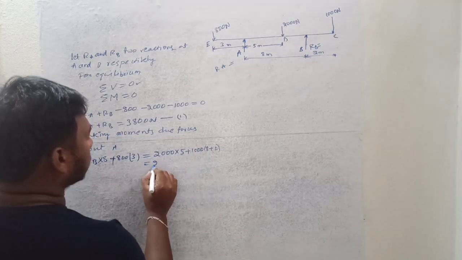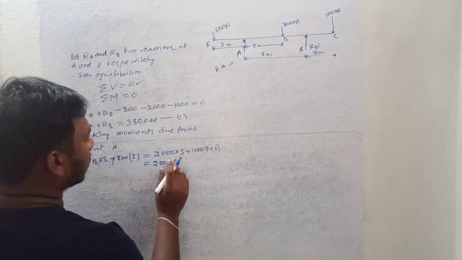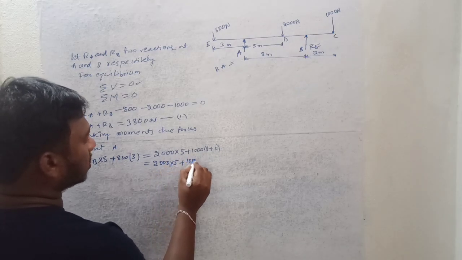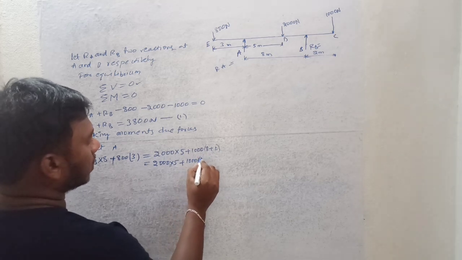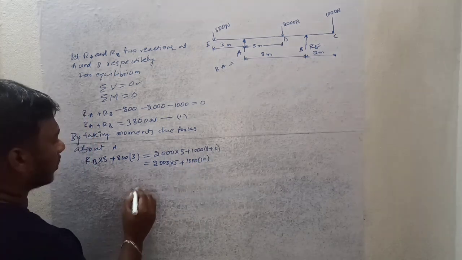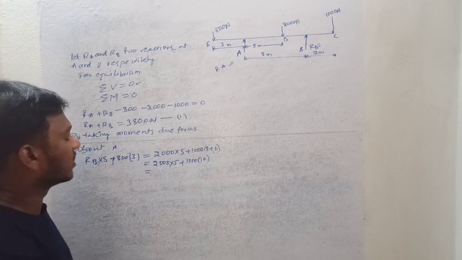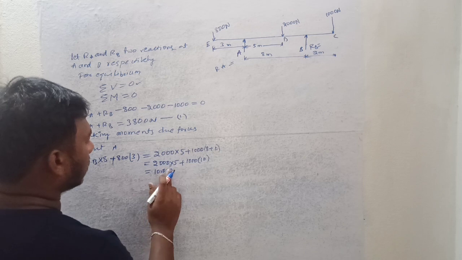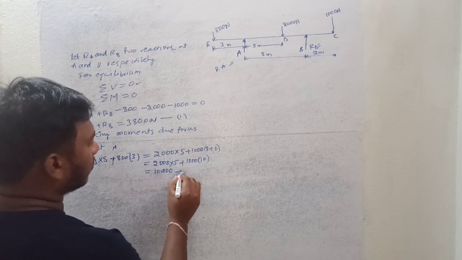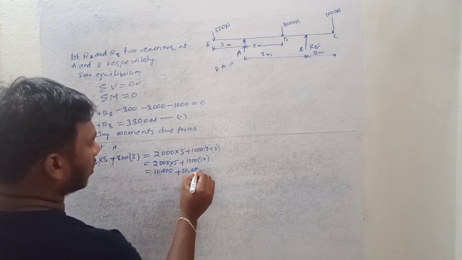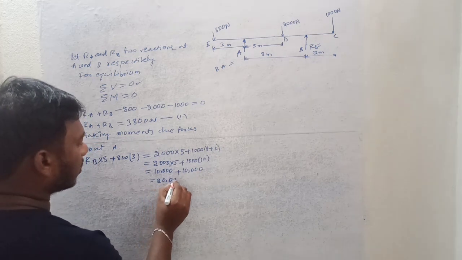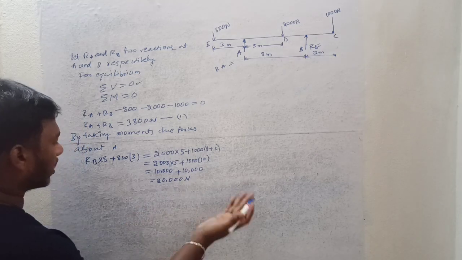So it is 2000 into 5 plus 1000 into 10. If we simplify, it is 10,000 plus 10,000, total 20,000 newton-meters on the right hand side.